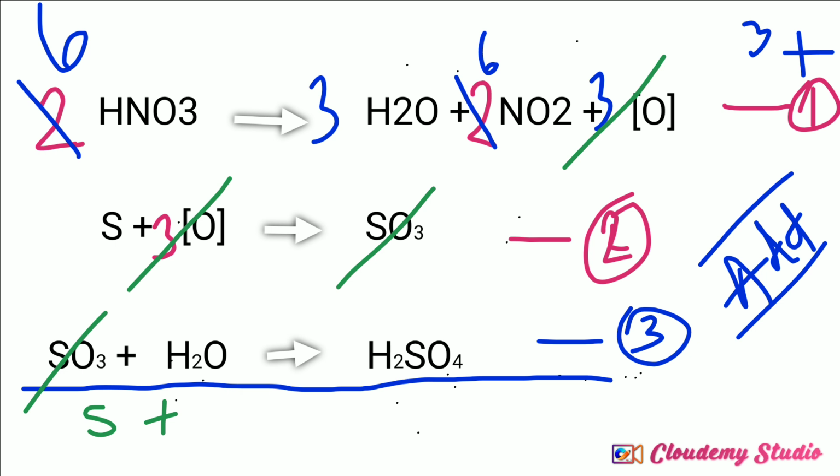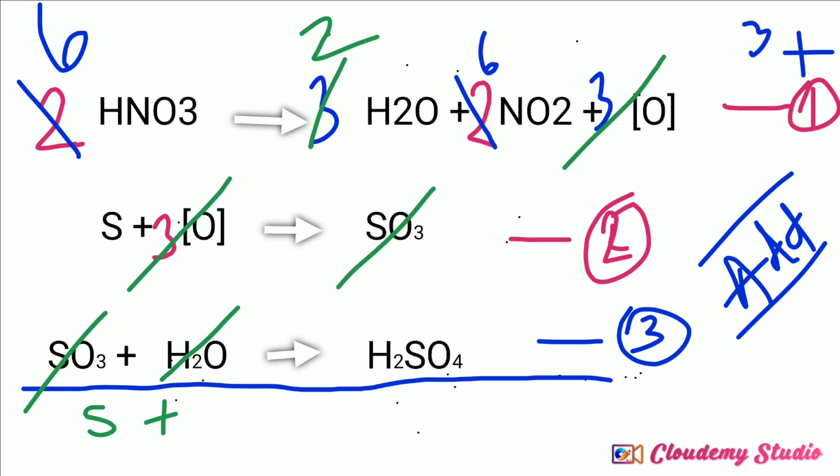Now here water is left out. At the third equation, 1 mole of water, but at the first equation 3 moles of water on the right hand side. So this water and this 3 we can cancel. Now 3 minus 1, it will become 2 times.